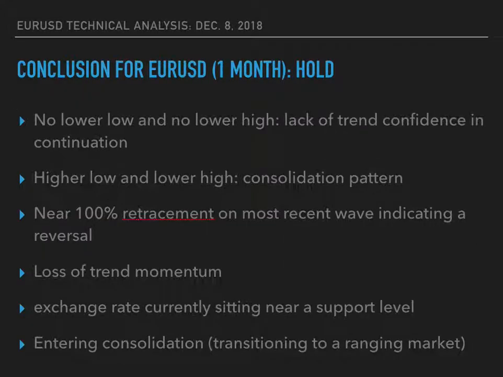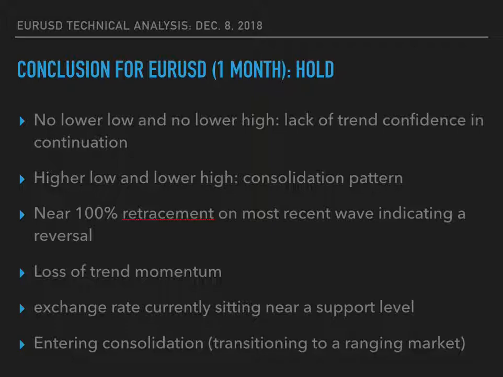So my suggestion for the 1 month period is to hold your position. The market is most likely going to enter a ranging period. There's no evidence of short or long trends, meaning there's no lower lows and lower highs, and there's no higher highs and higher lows.